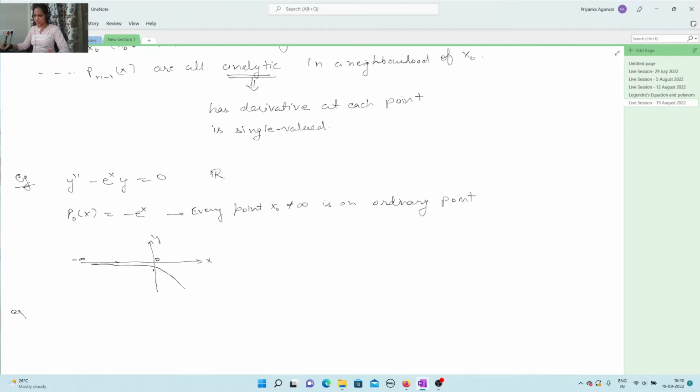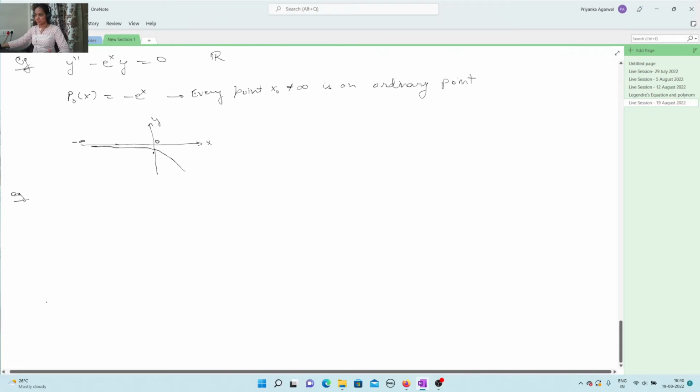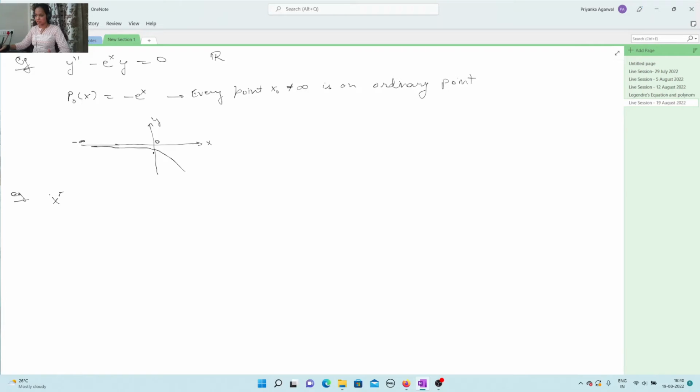Now let's see another example: x to the power 5 y triple dash minus y equals 0. First write it in the standard form where the coefficient of the highest order is 1. So this will be y triple dash minus 1 by x to the power 5 y equals 0. Here we can write p0(x) as minus 1 by x to the power 5.